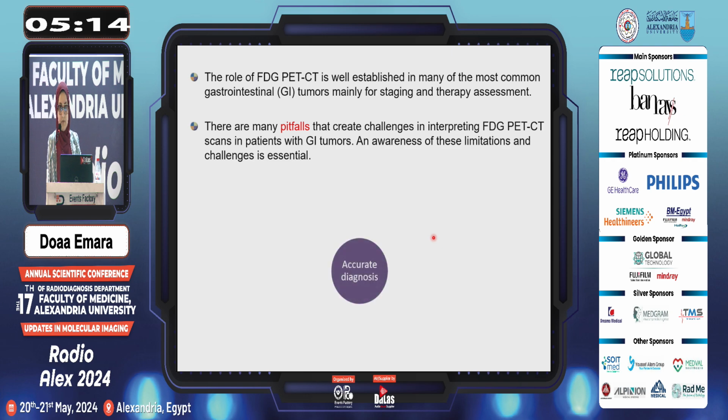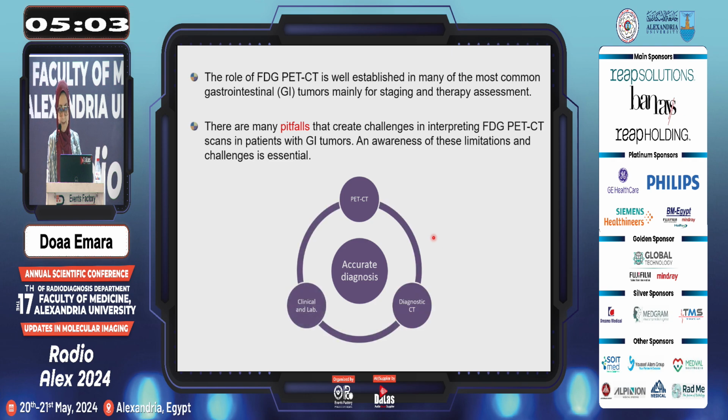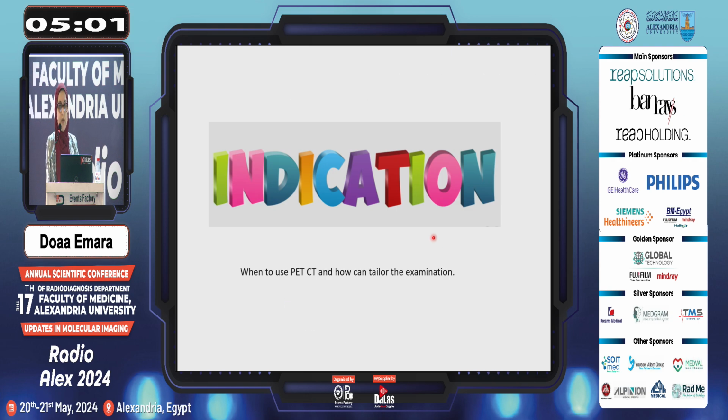To diagnose accurately any lesion in PET-CT, we have to correlate clinical and laboratory data of the patient with interpretation of diagnostic CT and PET-CT findings. Also, we have to know when to do PET-CT, the indications of PET-CT, and how to modify the examination according to each case.